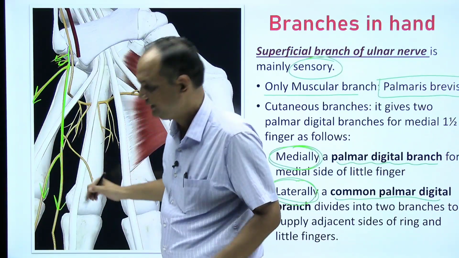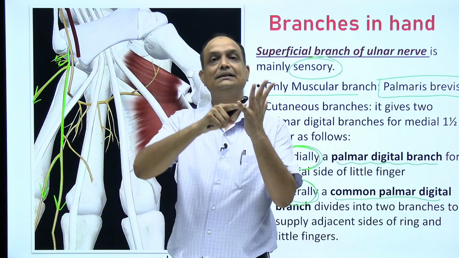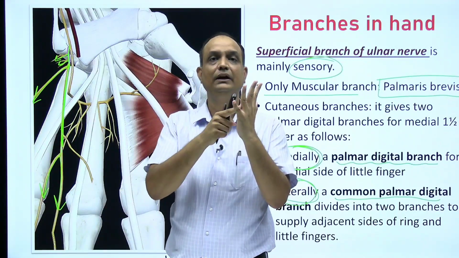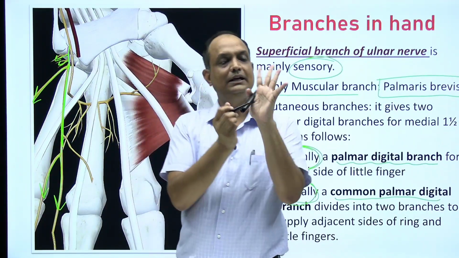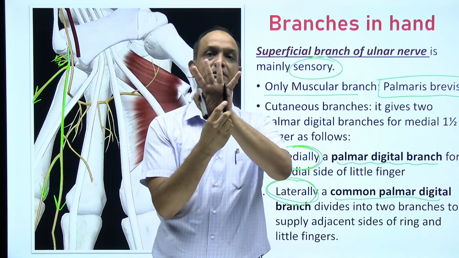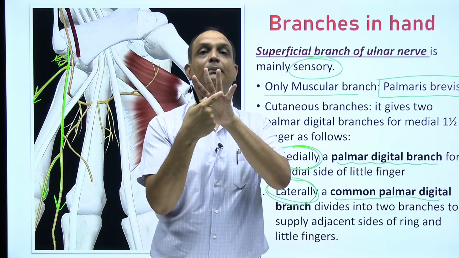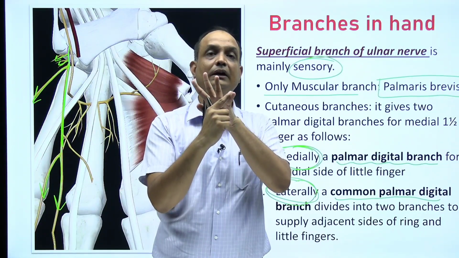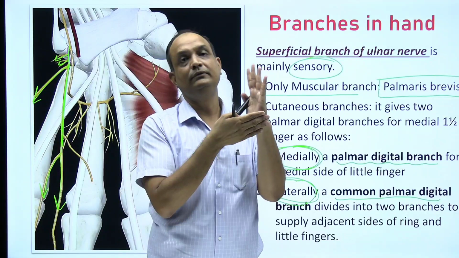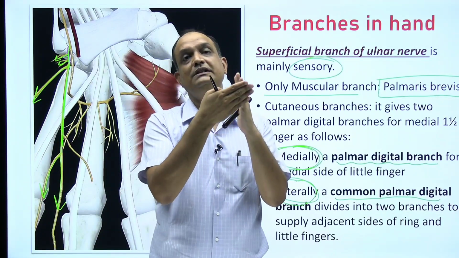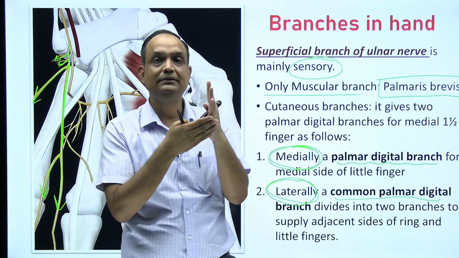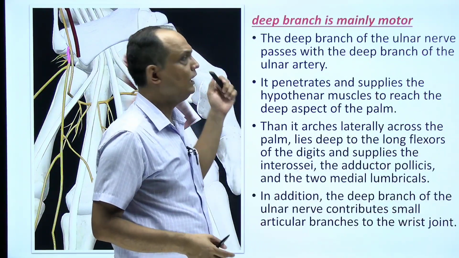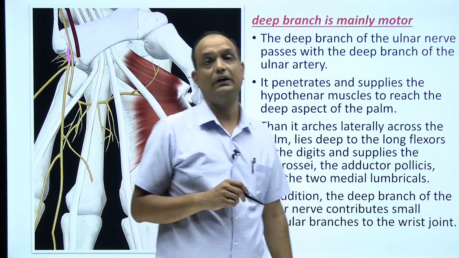Once it bifurcates, it will supply the adjacent sides of your ring finger and the little finger. Clear? Apart from that, you have one branch which will supply the medial border of your little finger.